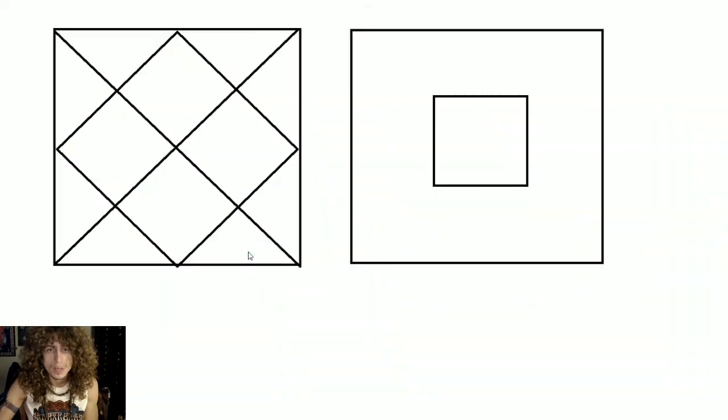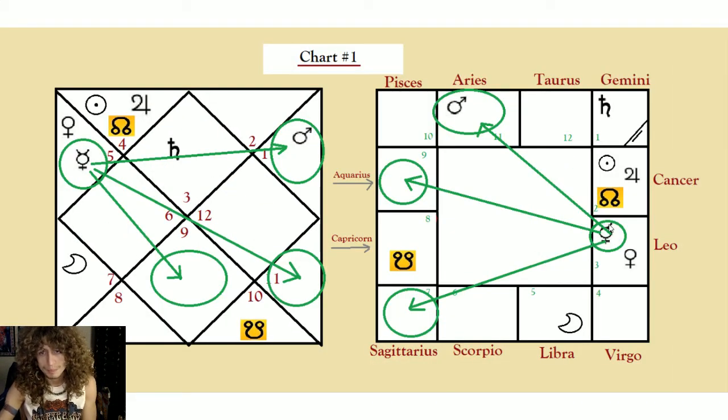I showed an example of Mercury in this chart, Mercury being in the sign of Leo in chart 1. This Mercury hits the trines to itself, the trinal signs, that being Aries and Sagittarius, since it's in Leo, as well as the 7th.